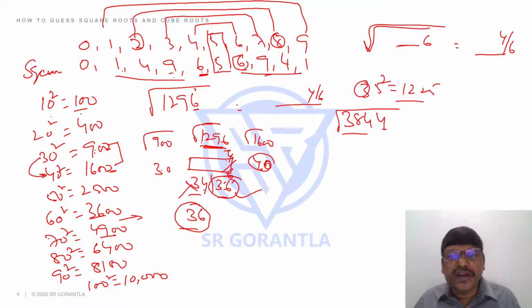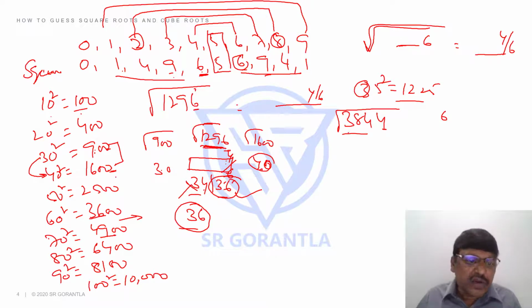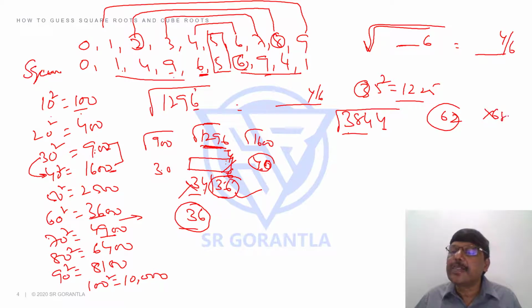Unit place should be 2 or 8, which means it should be 62 or 68. But again, students, 3800 is close to 3600 or 4900? It is close to 3600, which means my answer should be close to 60. Hence it is 62, not 68.